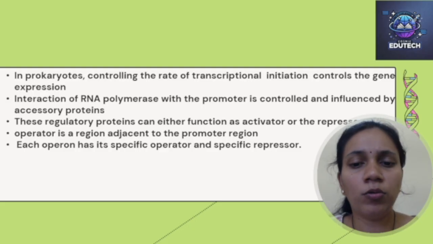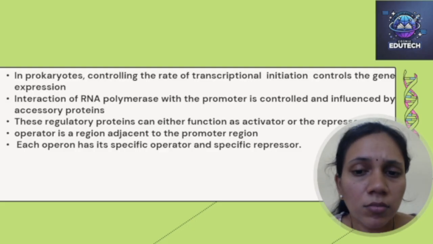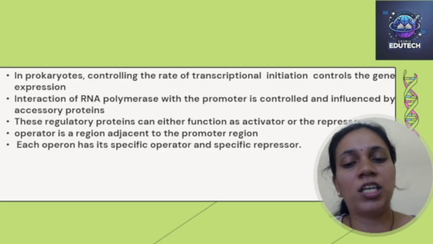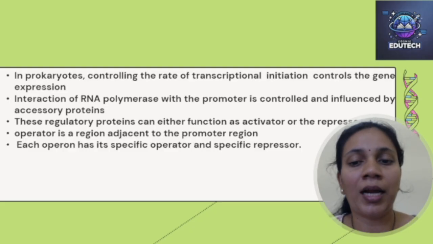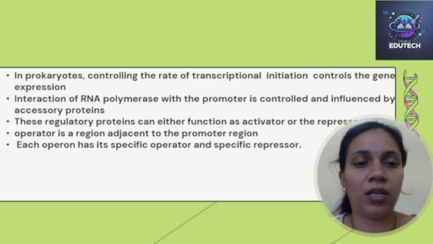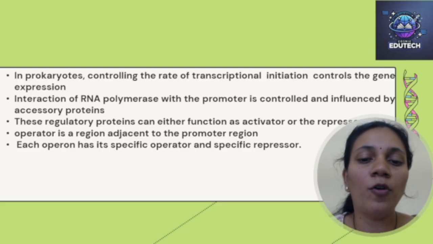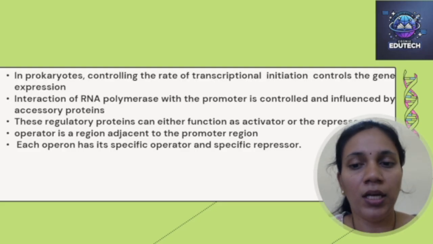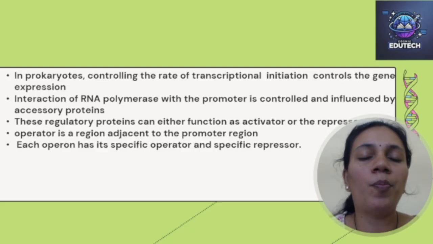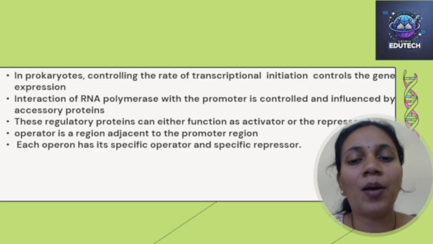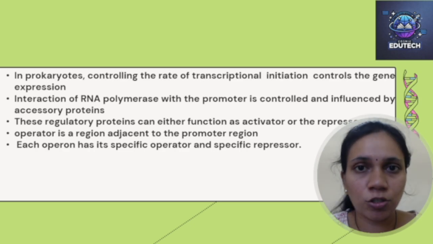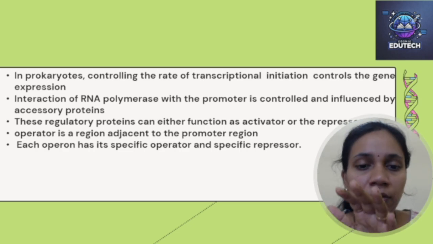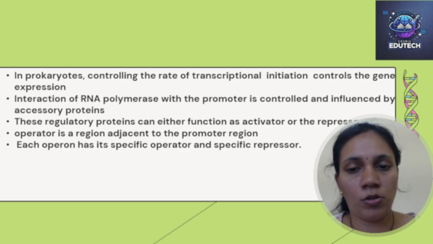This entire study was done by Jacob and Monod in the year 1961, and they proposed that the genetic material has a number of functional units called operons. These operons are made up of certain genes which are regulated and operated simultaneously. They will ask you to go, and they will control the working also.